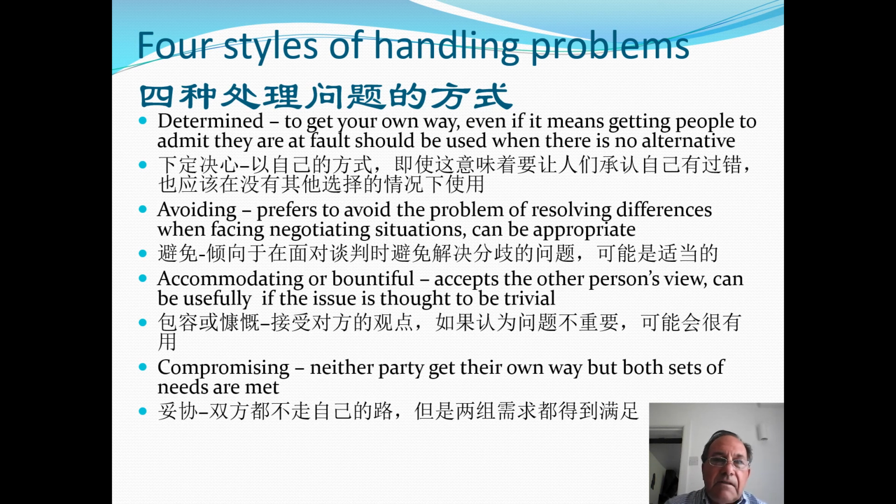And this should be used when there is no alternative. Having a determined style of handling problems is one style of conflict management when you really feel that your particular choice has merit and others don't.